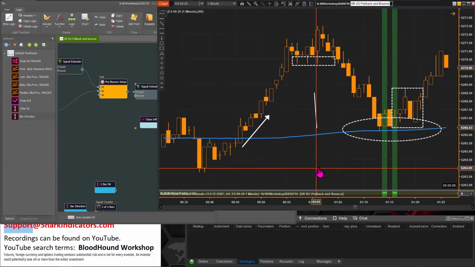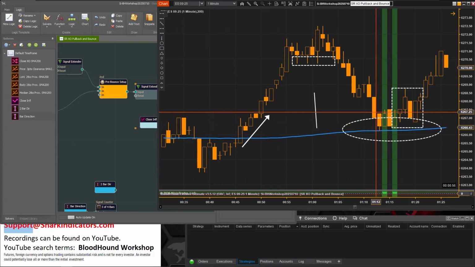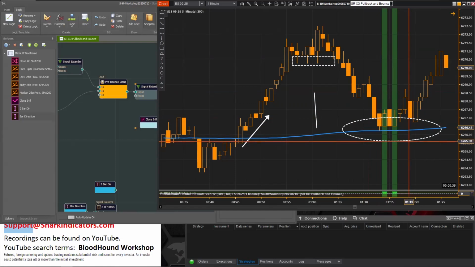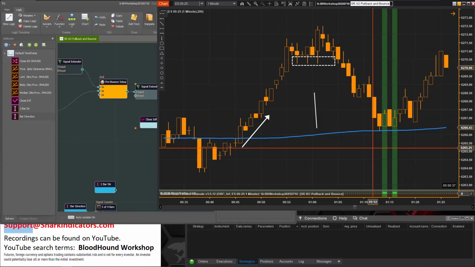Let's go back here. Yeah, and there we go. So that's one way to look at this: just get a signal on the first bar that bounces off, or basically reverses away. So that's the most liberal approach. Get a signal as soon as possible there, and let's clean this up here a little bit.